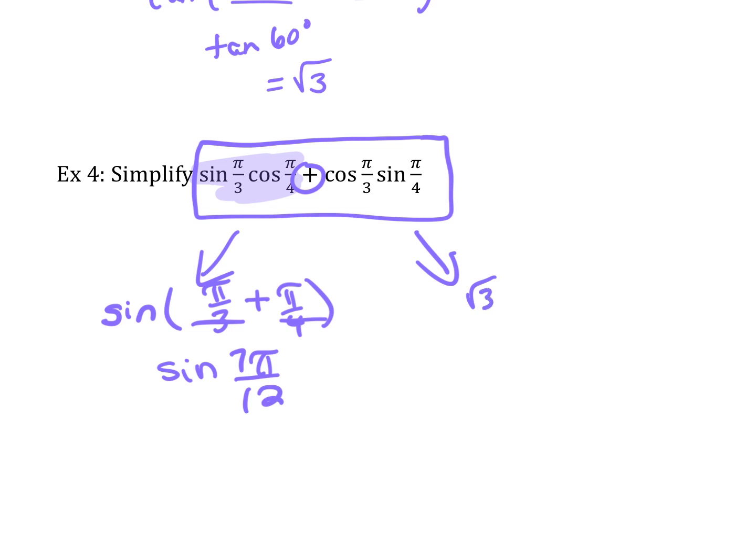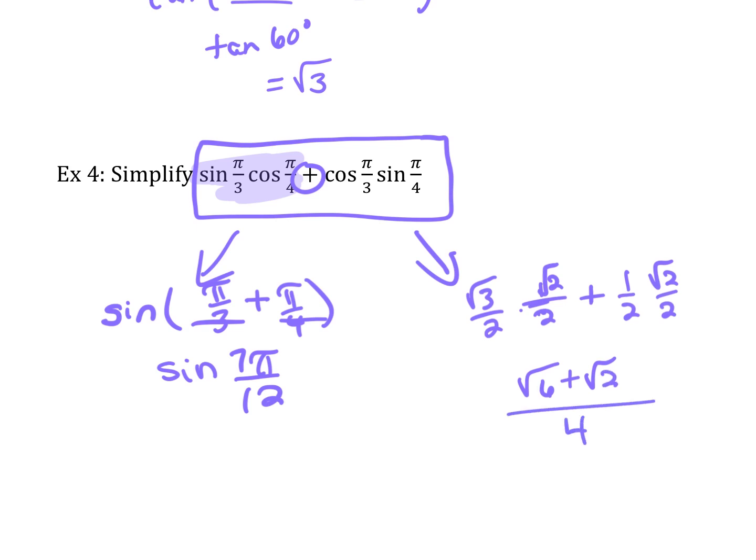Yep, root 3/2, times cosine of pi/4 gives us the root 2/2, plus, here's where the 1/2 is, right? Cosine of pi/3 gives us the 1/2 times the square root of 2/2, so we get square root of 6 plus square root of 2 all over 4.